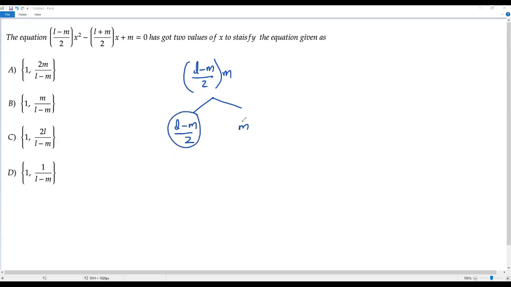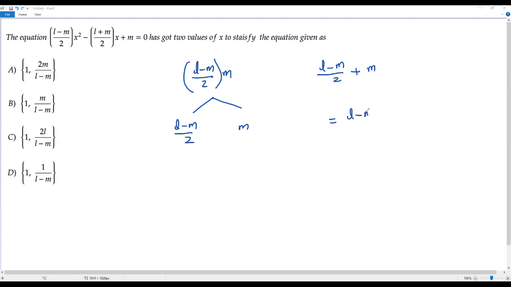Now when I add these two factors, it must equal the coefficient of x, that is negative of (L + m)/2. Let me add them: (L − m)/2 plus m. Here I am adding a fraction and an integer. Whenever I add or subtract a fraction and an integer, I multiply the integer part by the denominator of the fraction, and then I can take the denominator 2 as a common denominator.